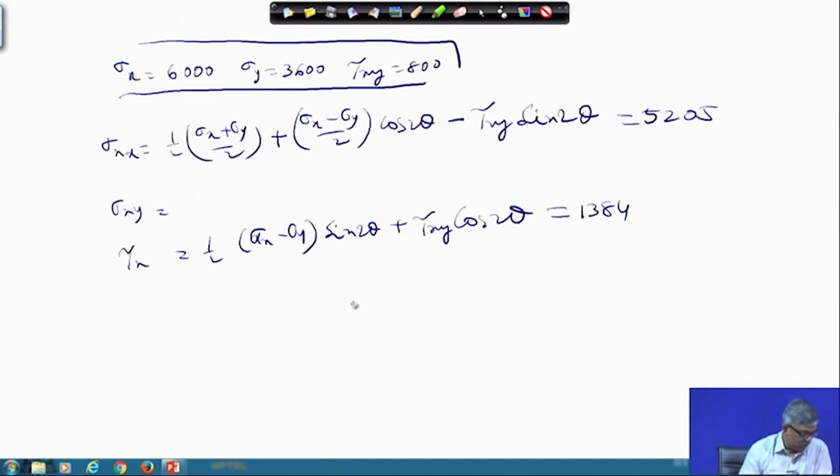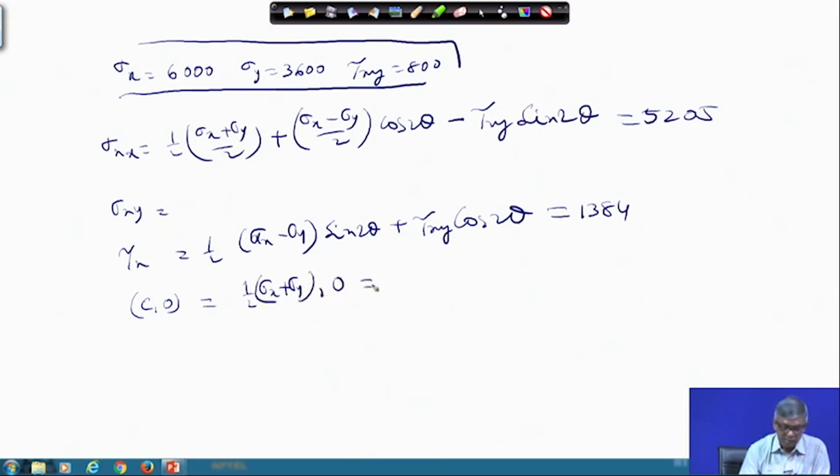Alternatively, I can find out the center C, 0 suppose, which will be nothing but half of sigma x plus sigma y, into 0.